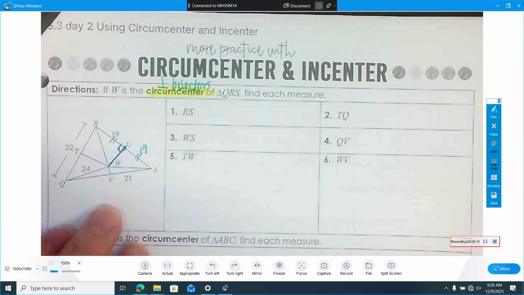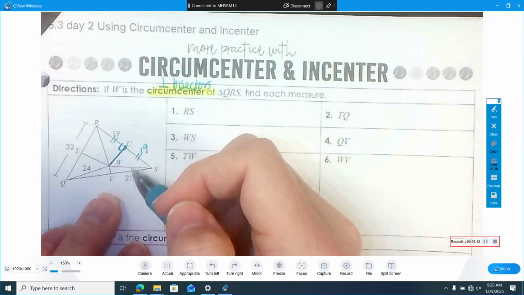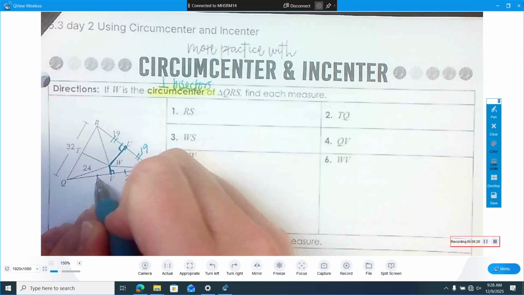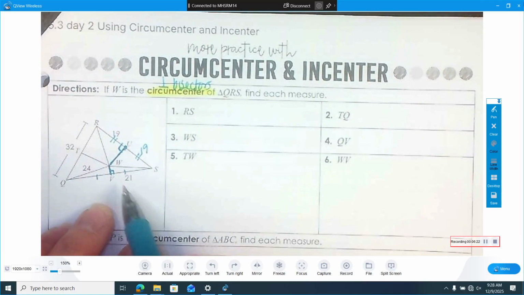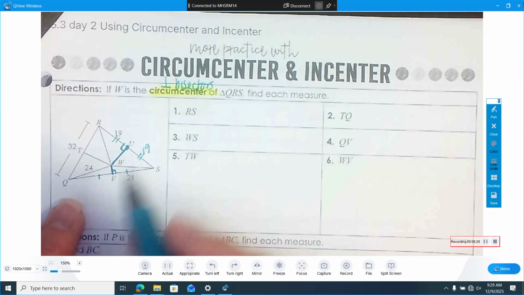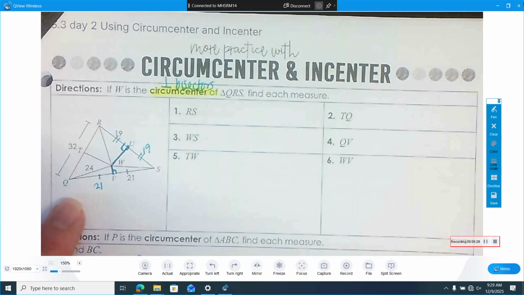Clayton. All right, we have here WV is again a perpendicular bisector. If VS is 21, what's VQ? Also 21. All right.